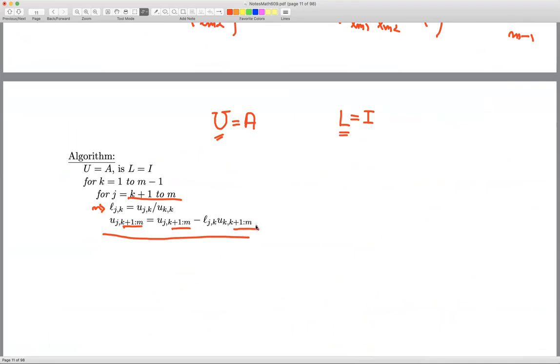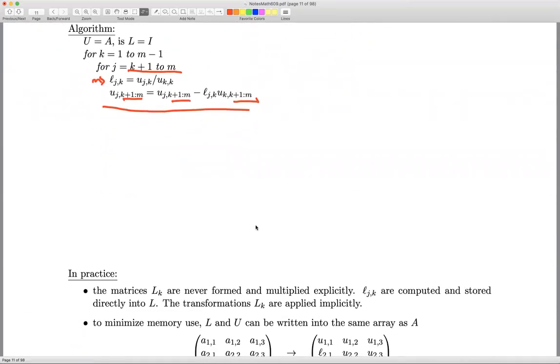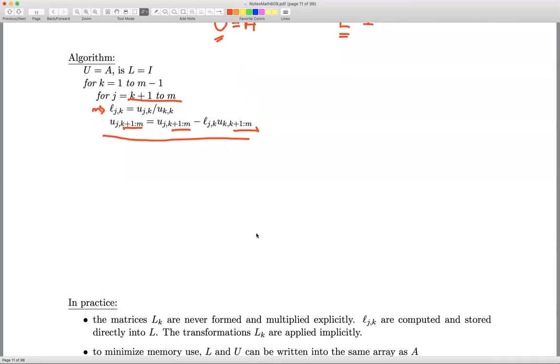So this is the algorithm. In practice, as I discussed before, the matrices L_k are never formed and never multiplied explicitly. This is what is done in practice.